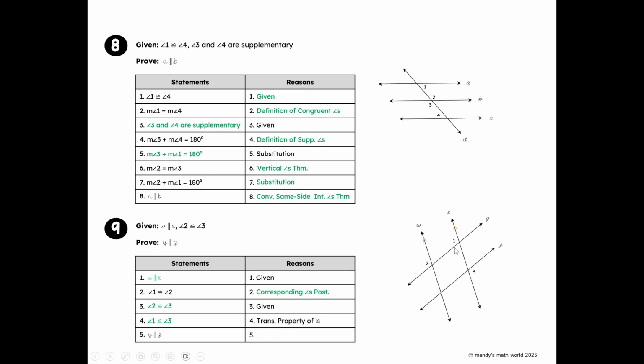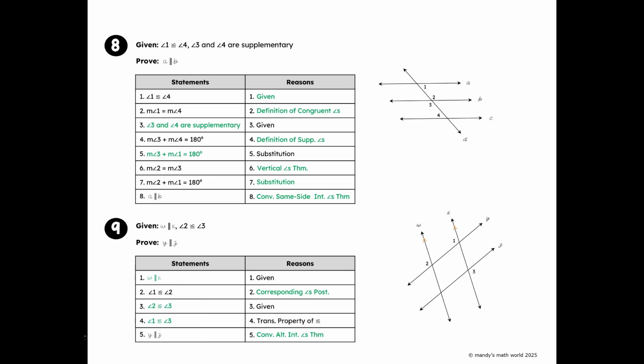Okay, that would make this right here, line X, my transversal. These two lines would be proven parallel because these are what type of angles? They're alternate exterior angles. If I'm proving lines are parallel, then I'm going to use the converse of the alternate... Oh my gosh, I did it again.